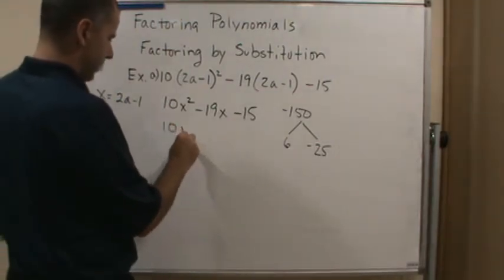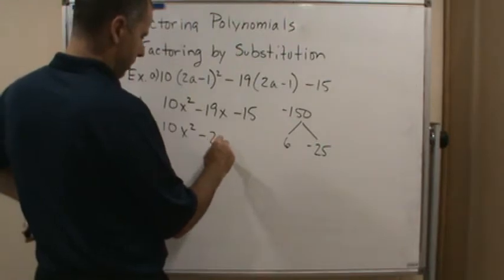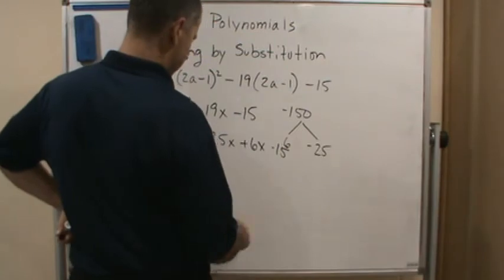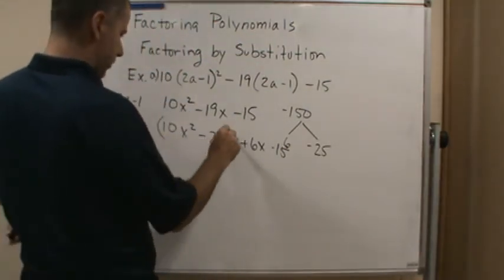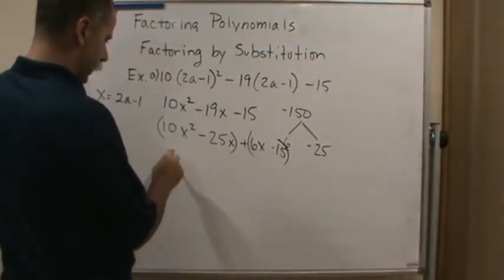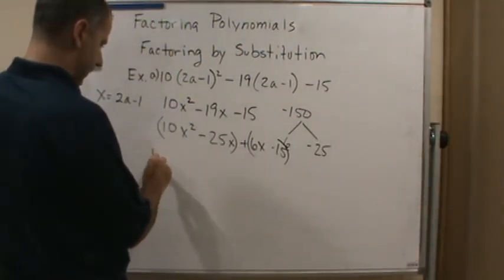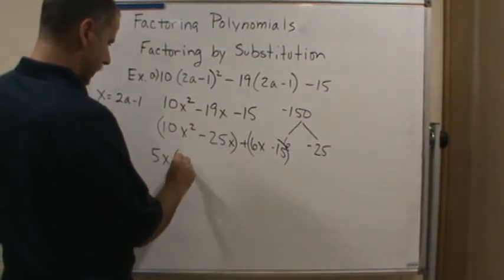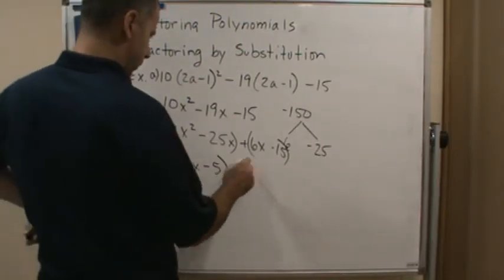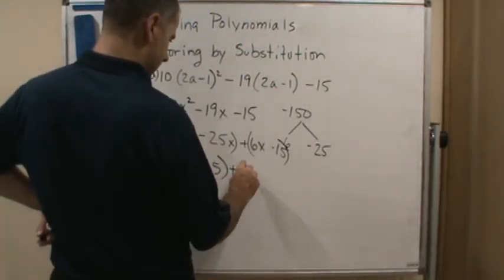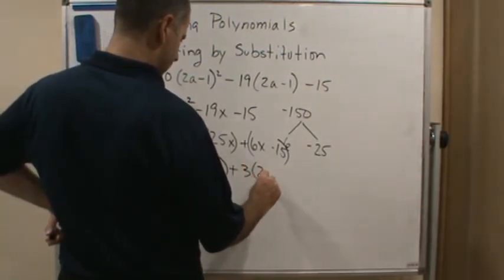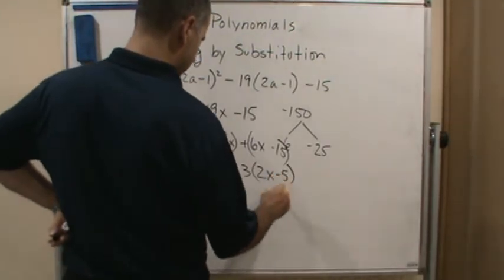And so now I can decompose this. So I get 10x squared minus 25x plus 6x minus 15. And so now I'm going to group these and group these. So now I get 5x times 2x minus 5, and then over here I get plus 3 times 2x minus 5.